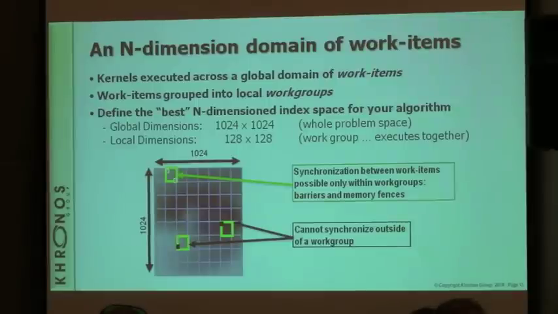But there is no such thing across work groups. And the reason for that is simple. Remember, the work groups execute on the compute device, but the number of work groups that we have launched here, there are many, would be executing concurrently on the same or other compute devices. So it's not possible for you to know when a work group gets executed. So it's not possible to synchronize across work groups.